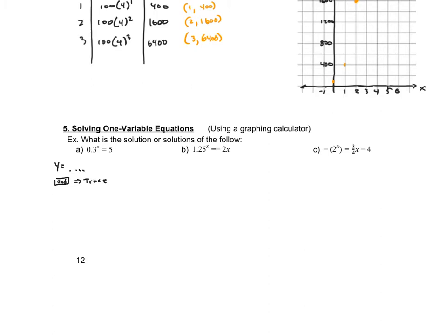And then when we calculate, we're going to be able to calculate for intersection, which is option number 5. And it is labeled intersection.